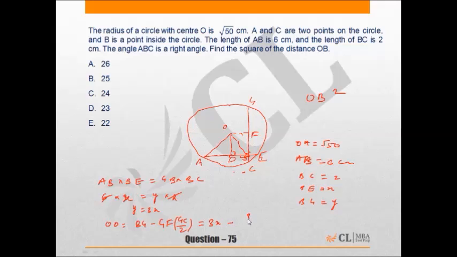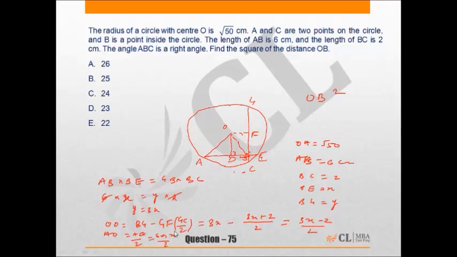It will be thrice of X plus 2 by 2. This comes out to be thrice of X minus 2 upon 2, and AD will be equal to half of AE, and AE is 6 plus X, so AD is 6 plus X by 2.